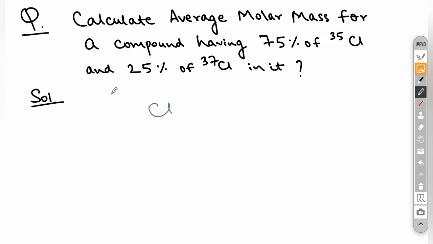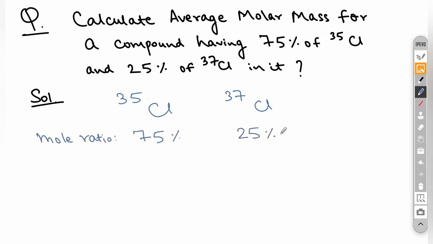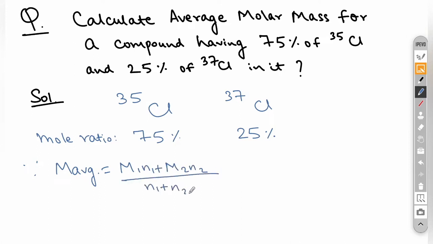So the solution, we have two entities Cl35 and Cl37 with mole ratio of 75% and 25% respectively. Now apply the formula M average is equal to M1 N1 plus M2 N2 divided by N1 plus N2. Here only two components are present.